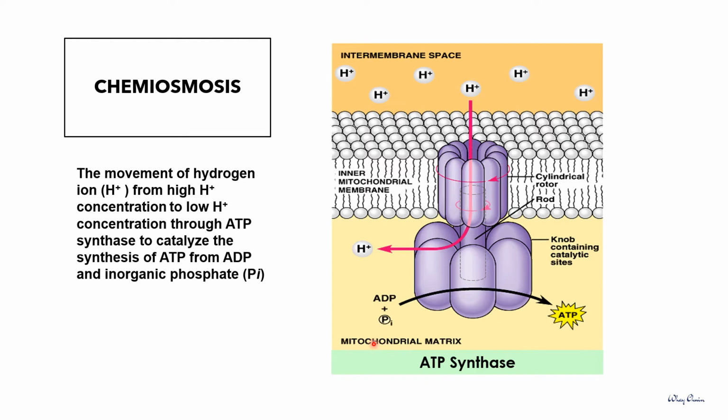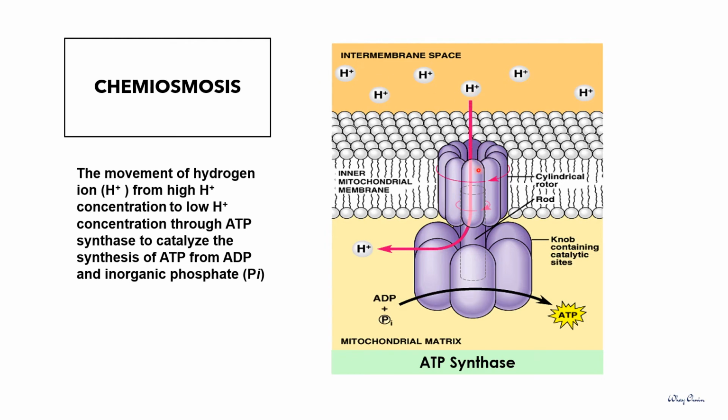So they will produce the proton motive force. The force will drive the movement of hydrogen ion from the intermembrane space to the mitochondrial matrix, because this is a passive transport that occurs at the ATP synthase, which is also an enzyme found in the inner membrane of mitochondria.